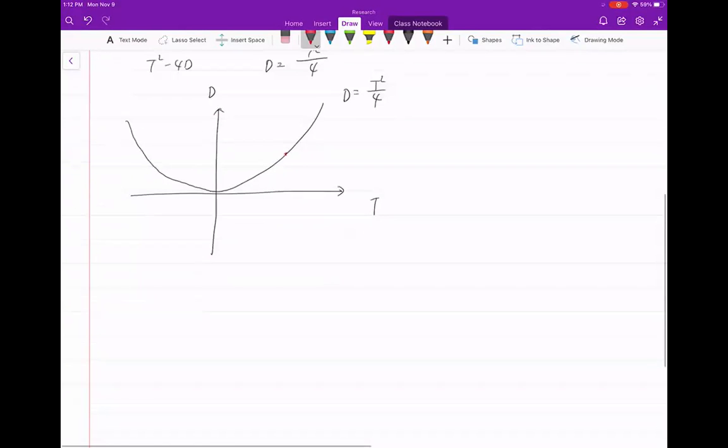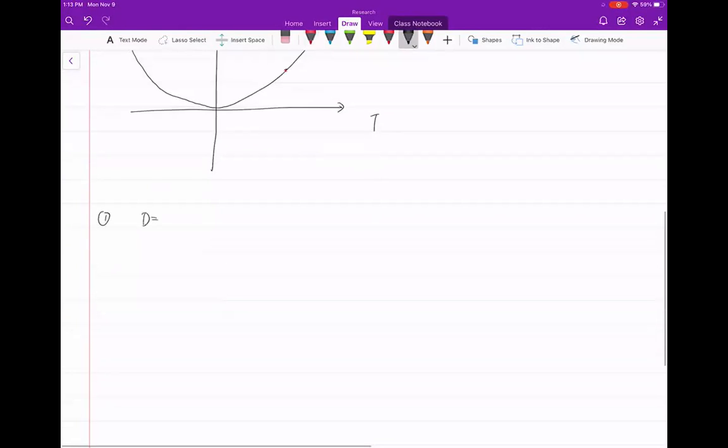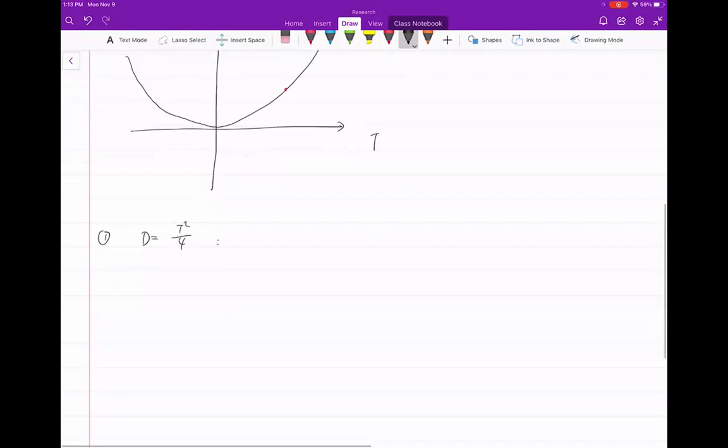Okay. So first situation, D equals T squared over 4. That corresponds to 1 real root. D is bigger than T squared over 4, which corresponds to T squared minus 4D less than 0. This is going to give you 2 complex roots.